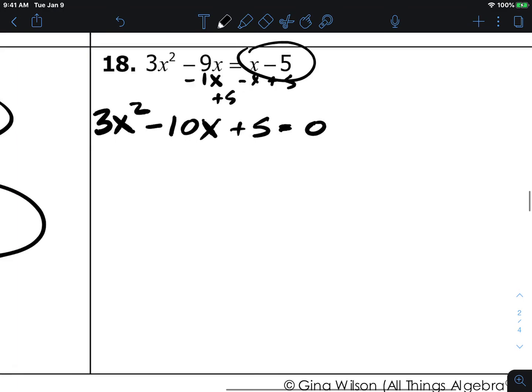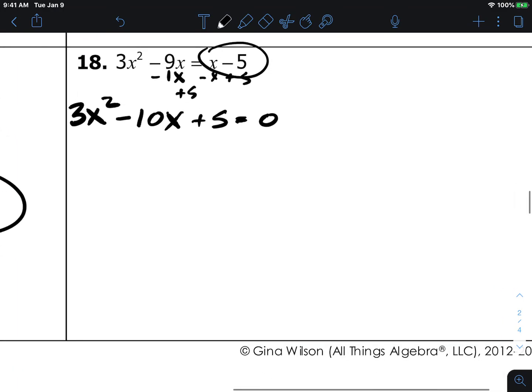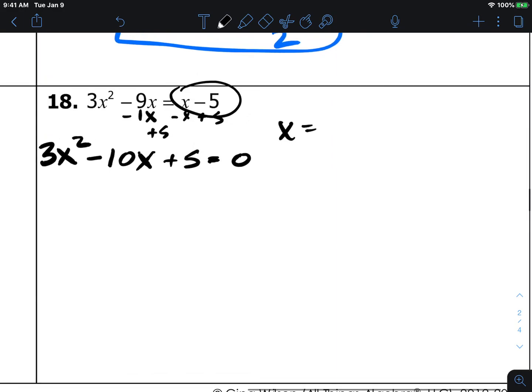Right, so can you identify your A, B, and C now? What's your A? 3. What's your B? Negative 10. What's your C? 5. Okay. Negative B plus or minus, so negative 10 makes that positive 10, plus or minus the square root of negative 10 squared, that's going to make that a positive 100, minus 4AC.